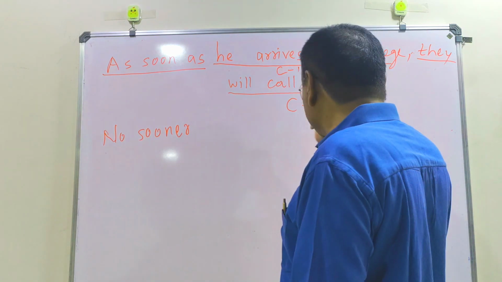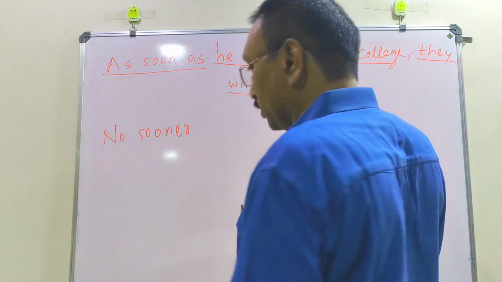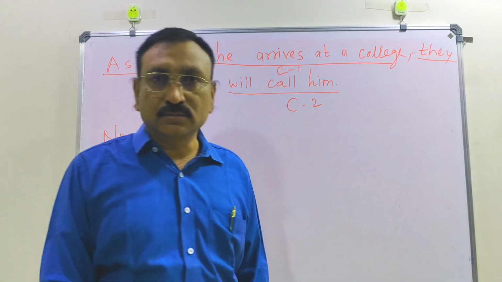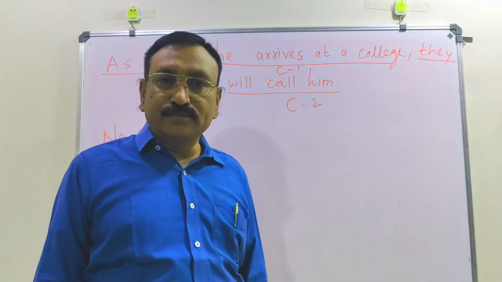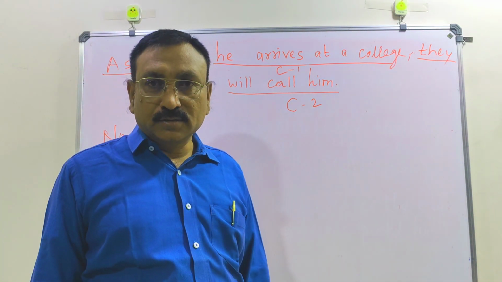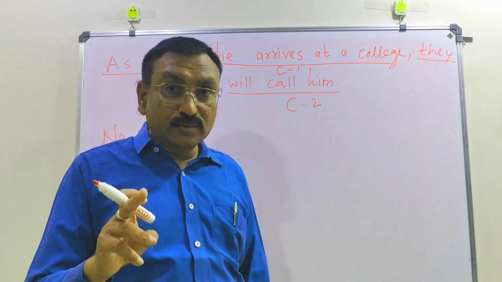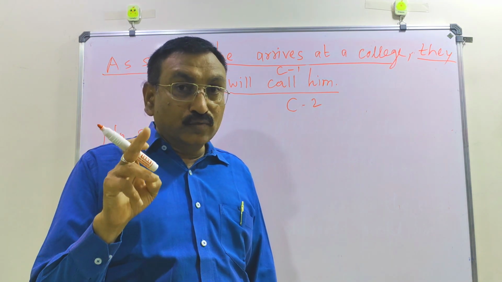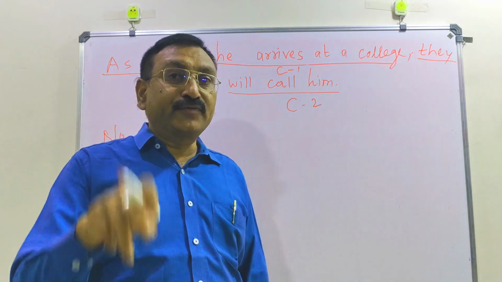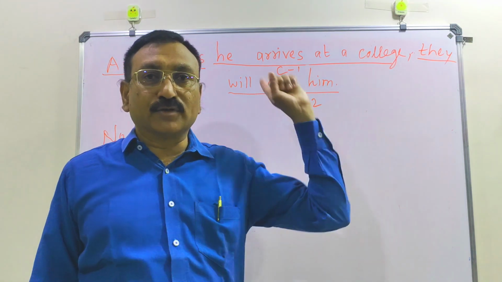If you read the sentence, he arrives at a college, the first clause, there is no auxiliary verb, isn't it? So when there is no auxiliary verb available in the first clause, what do we need to do? Identify the tense of the first clause.